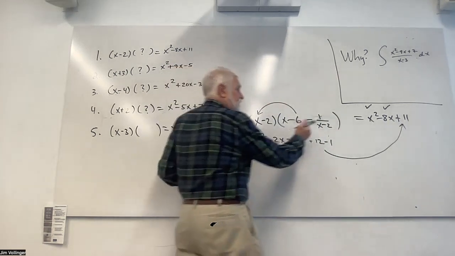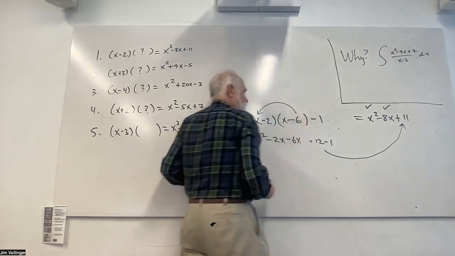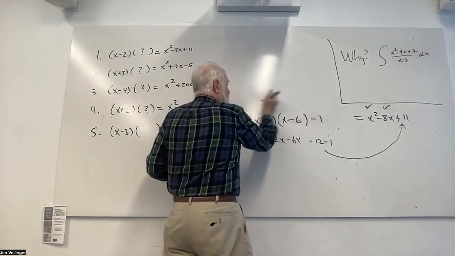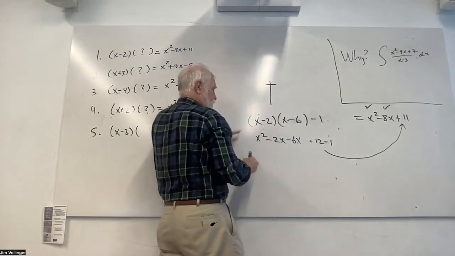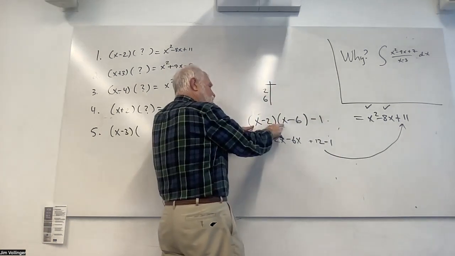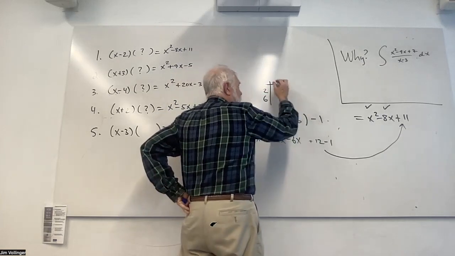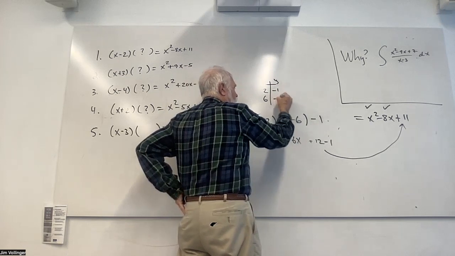Now, a nice thing about putting it outside the parentheses is you can see some pretty nice numbers here, 2 and 6. And you can see what happens when you put a 2 in or a 6 in. It comes out as a y value of -1.